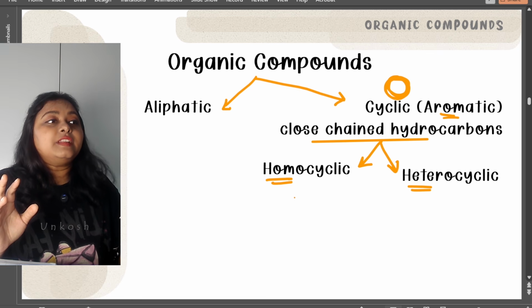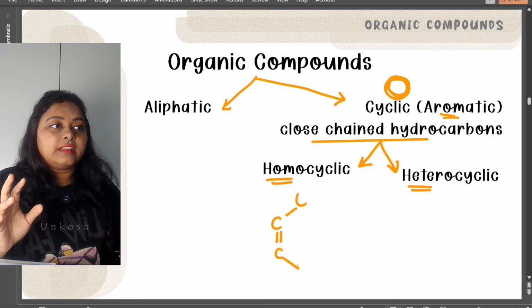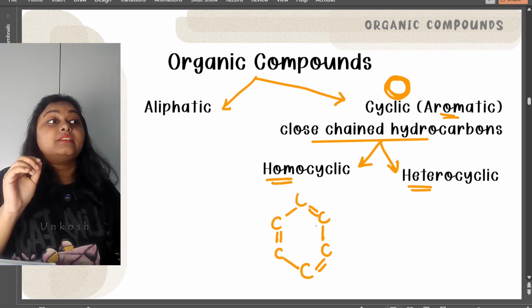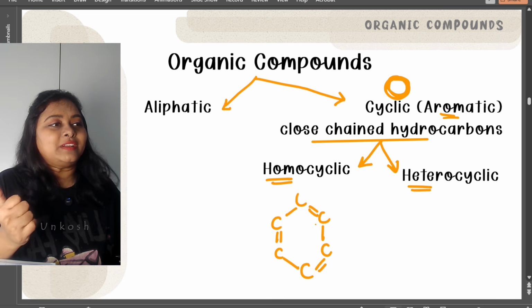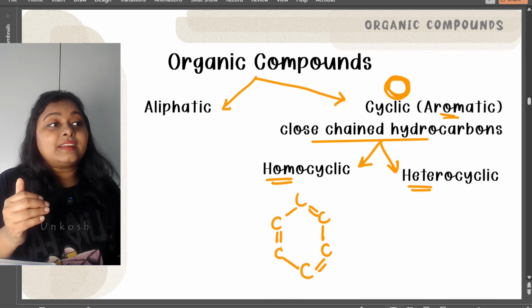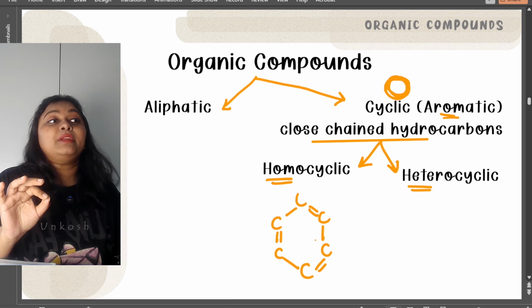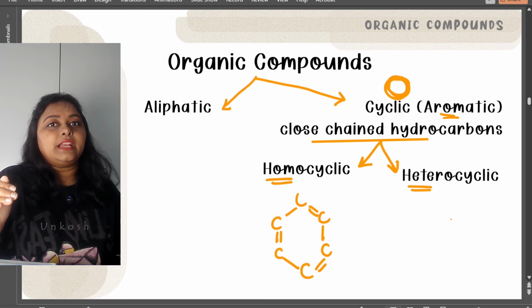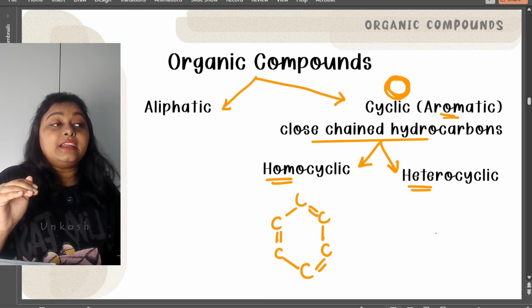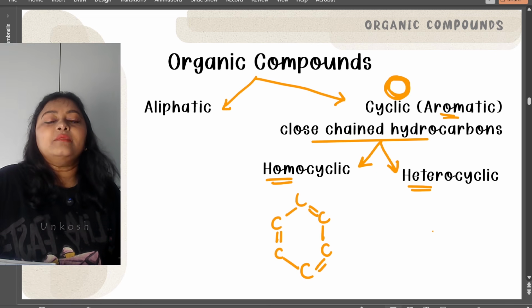So, when within a ring there are atoms of the same element, like for example carbon, and the entire closed chain ring has only carbon atoms, then it will be called a homocyclic carbon compound, whereas heterocyclic organic compounds have a ring in which instead of carbon there could be other elements as well.